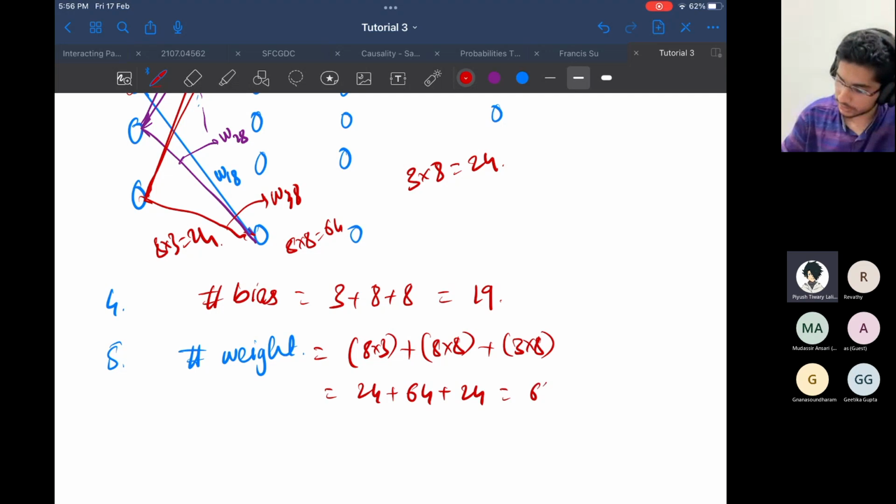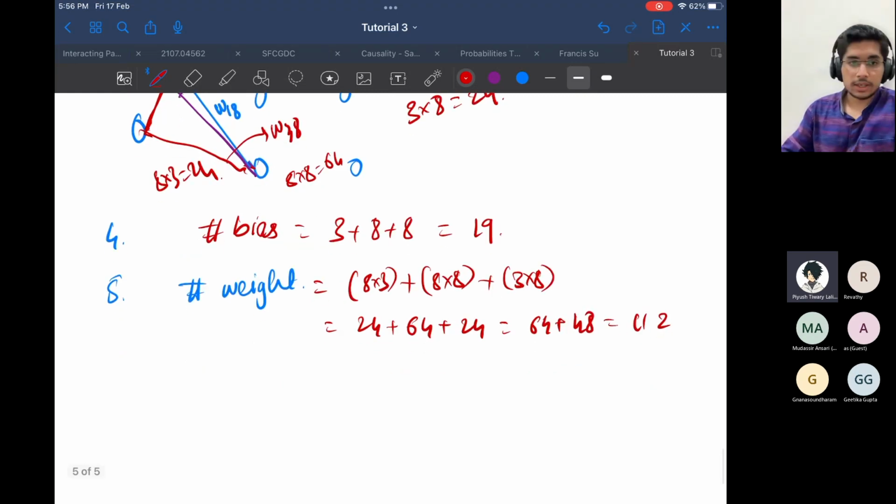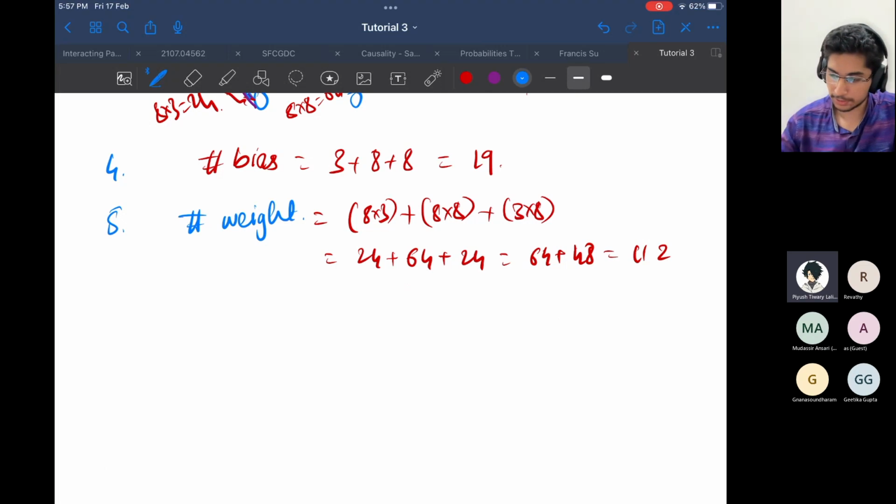What will this become? 64 plus 48, 112. So I think 112 will be the correct answer. I hope you understood the solution. If not, you can just unmute yourself and ask your doubt.